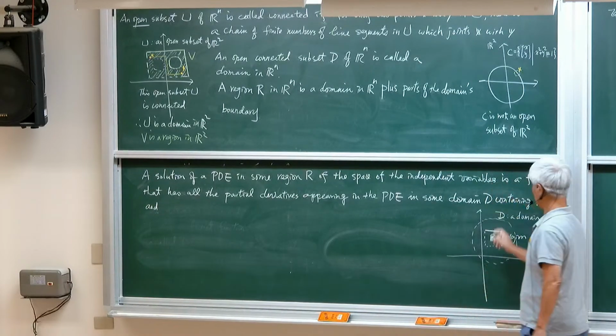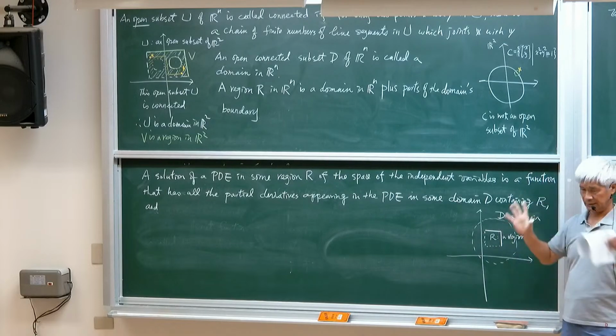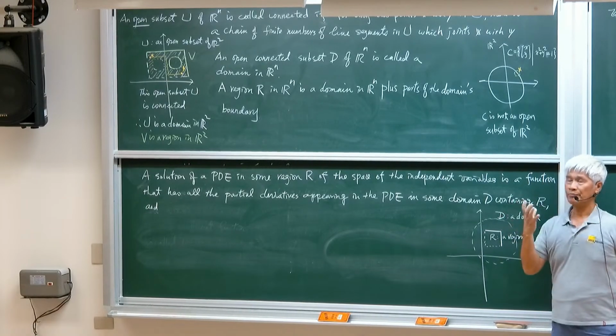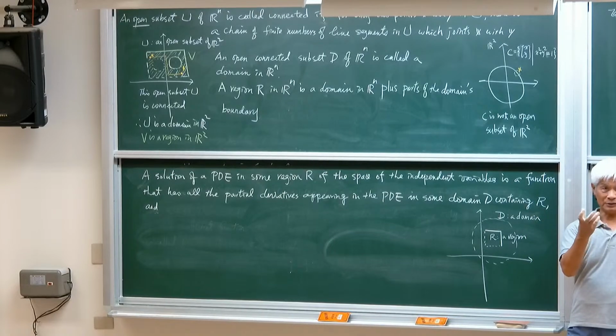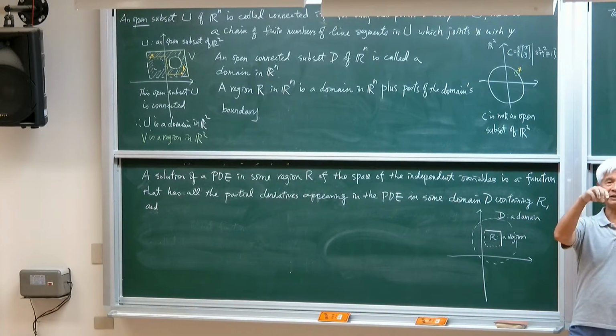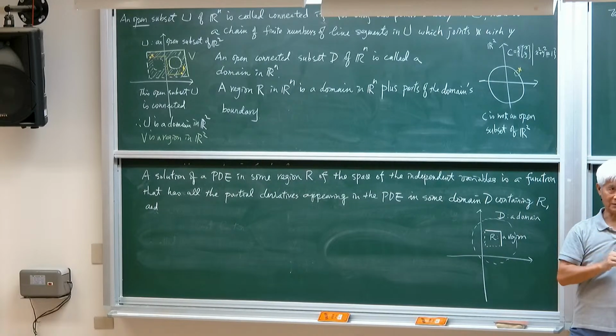So the domain D contains R. Because when we define derivatives, we always define them on an open subset.